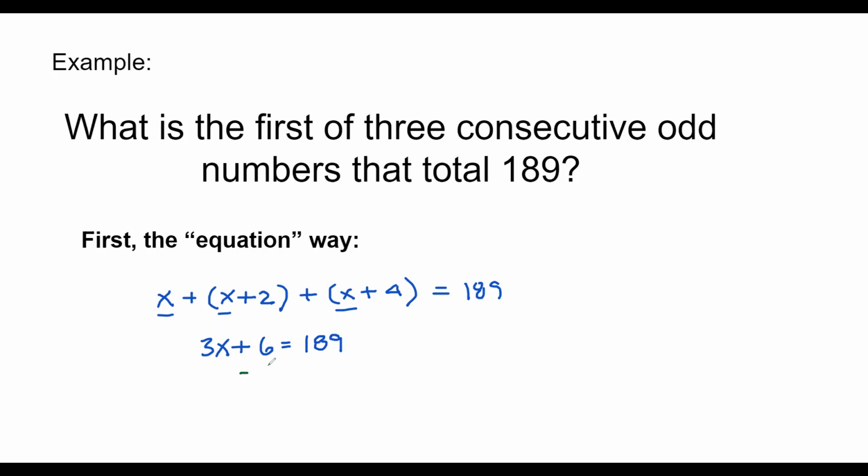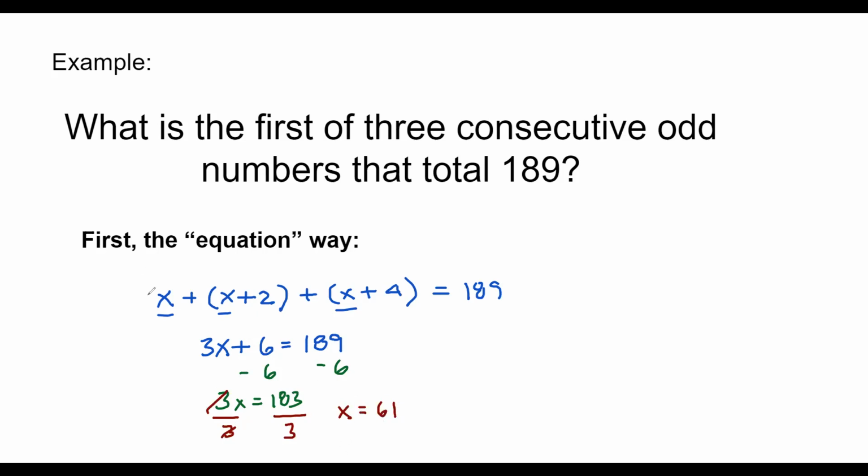We're going to do the opposite to both sides. We're going to subtract 6 from both sides. That gives us 3x equals 183. And then last step, we divide both sides by what x is being multiplied by. That's 3. That cancels this out, and we are left with x equals 61.